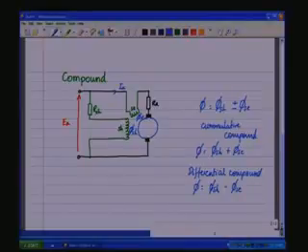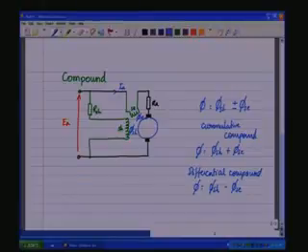Now in a cumulative compound, at initial startup condition, omega is equal to 0, there is no back EMF, IA has not started, but there is still IF, that is I shunt, which is going through the shunt winding. So, there is a shunt excitation, phi shunt is present inside the machine, and IA is beginning to grow.